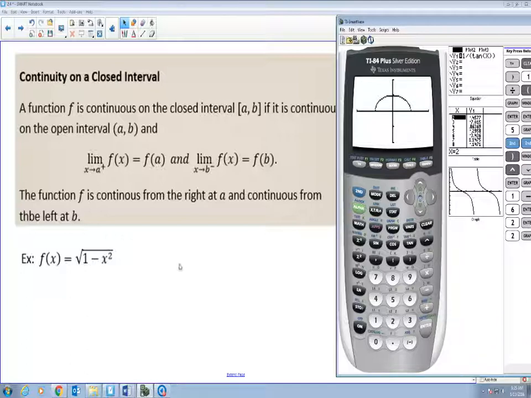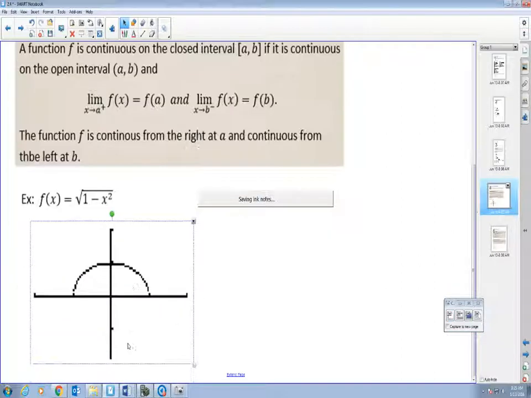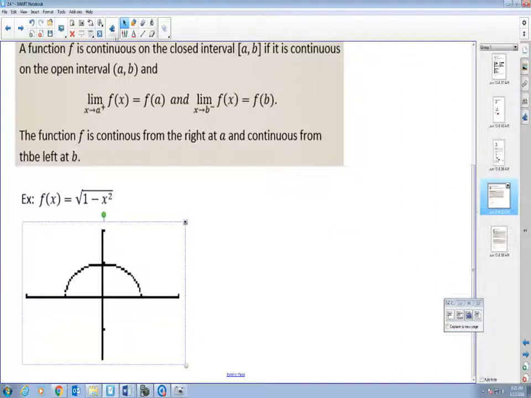If you look at the graph of this function, on one side is -1, and this side right here is 1.